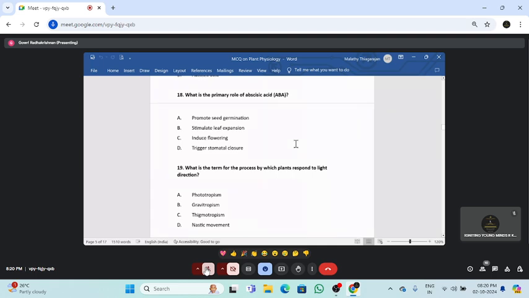Which is the primary role of abscisic acid, ABA? It triggers stomatal closure. Yes, option D is the correct answer, ma'am. Very good.